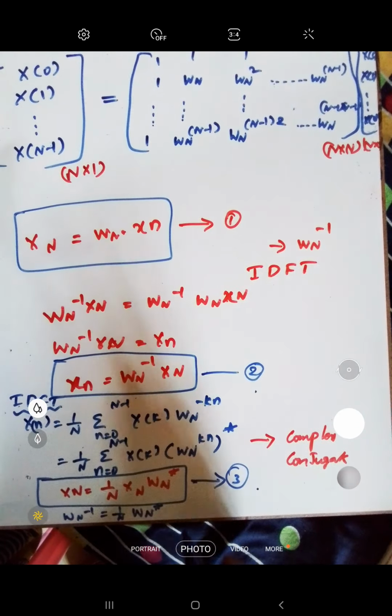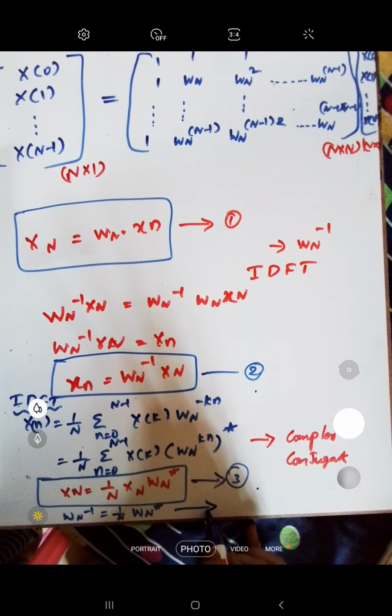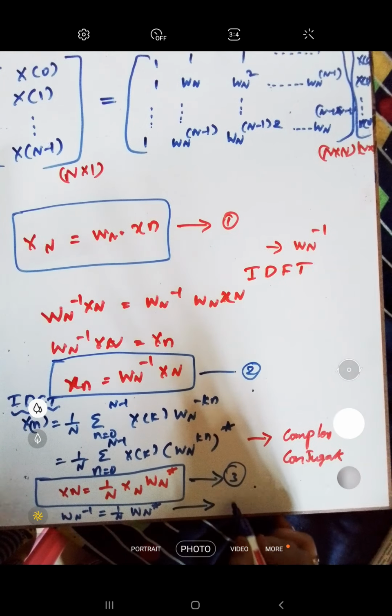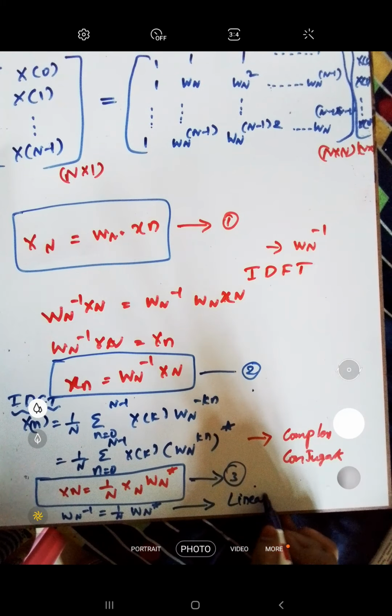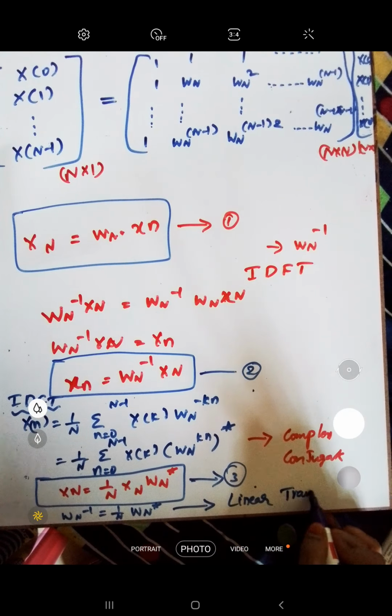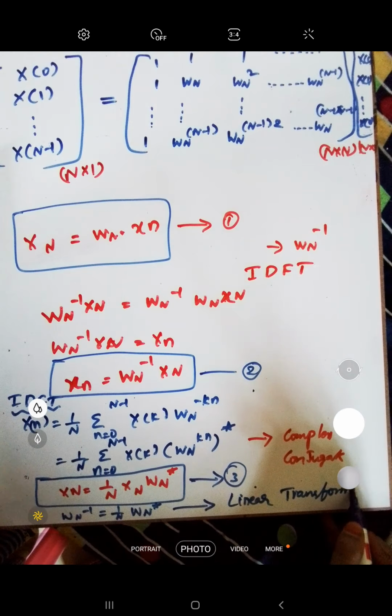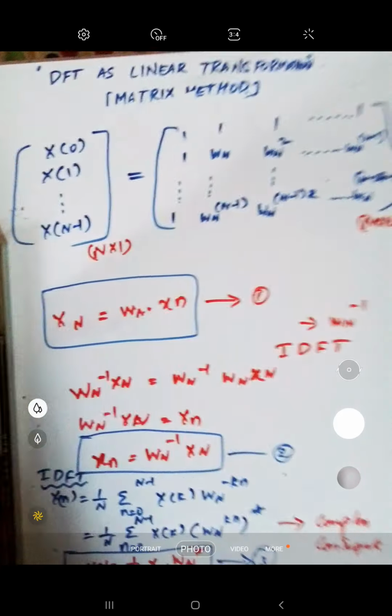This is about the discrete Fourier transform as a linear transformation. It is not difficult.